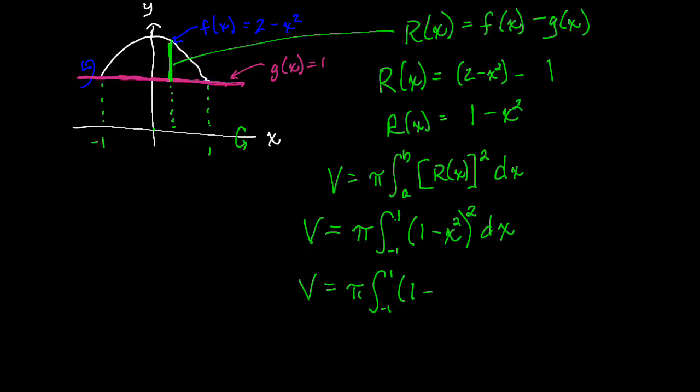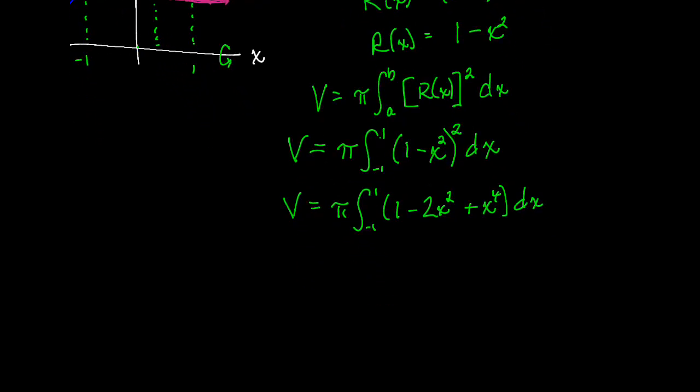It just becomes 1 minus 2x squared plus x to the 4th, right? I just FOILed that, and multiply it by the dx. Now we can use calculus to solve the rest of this.